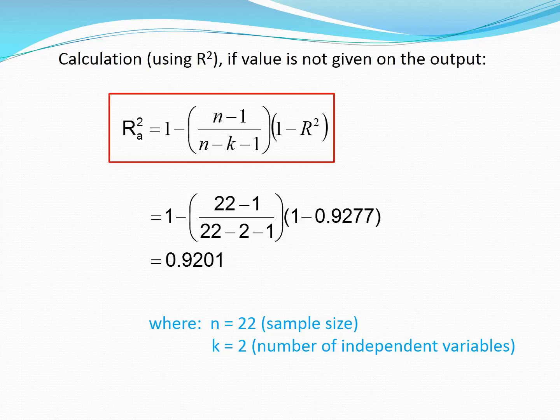And then the value of our coefficient of determination was 0.9277, as we saw on one of the previous slides. So if you substitute that and calculate your adjusted coefficient of determination, it will be 0.9201, and this corresponds to the value that was given on your computer output.